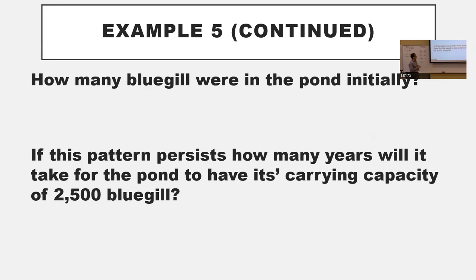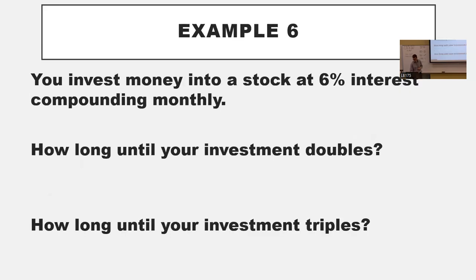You would just put the amount as 2,500 and solve it like we always do. So initial amount is 115. So 2,500 is equal to 115 times e to the 0.2270 T. Figure it out. Okay.